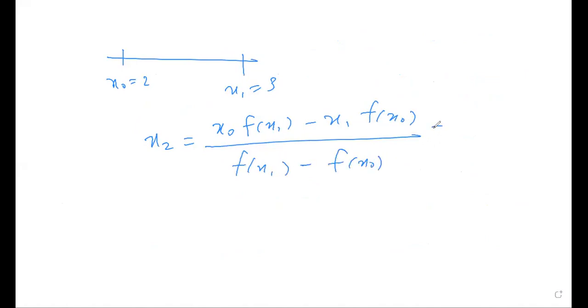Okay, tell me what is this? x0 will be 2. 2 times what is the answer? f(x0) will be minus 3 and f(x1) is 13. So 2 times 13 minus 3 times minus 3. If it is negative, put it in the bracket.